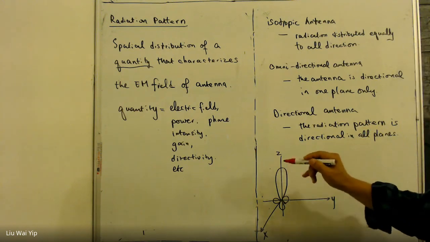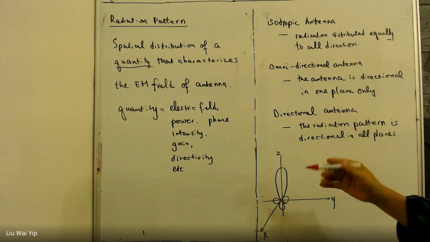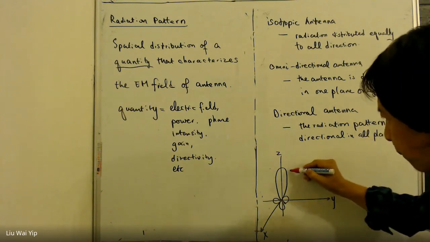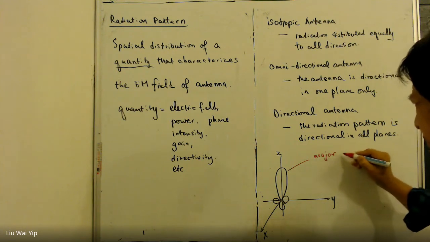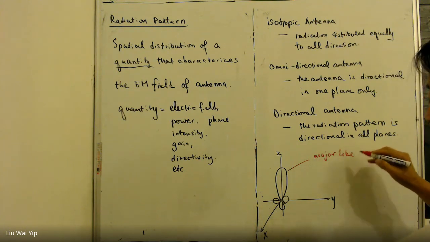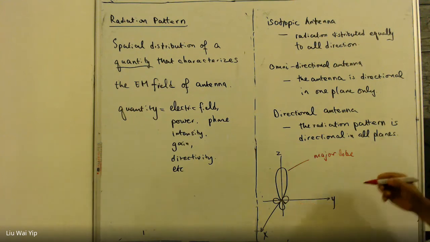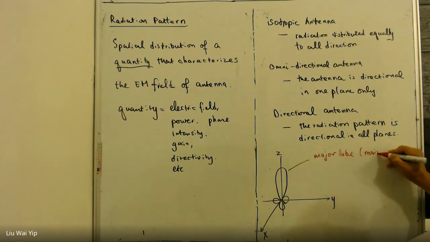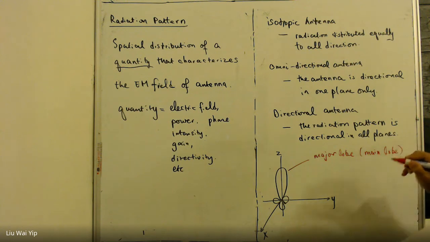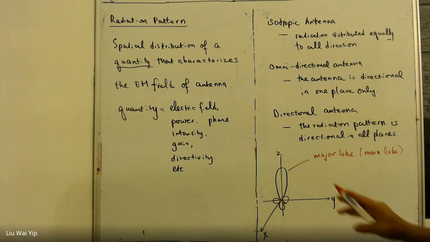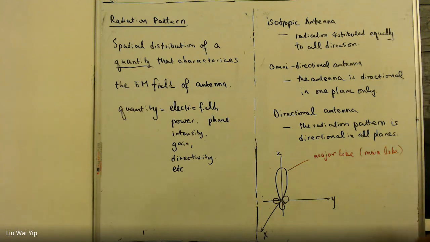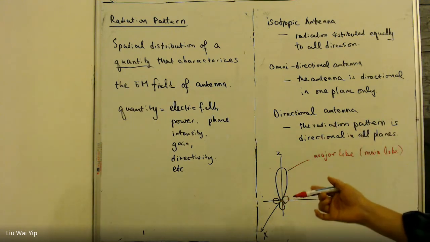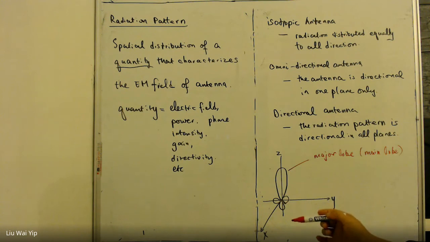In this case, the lobe that gives out the maximum amount of power is the so-called major lobe. Major lobe is also called main lobe. So this is the typical radiation pattern of a directional antenna. And you also have some power radiating to some unwanted direction.